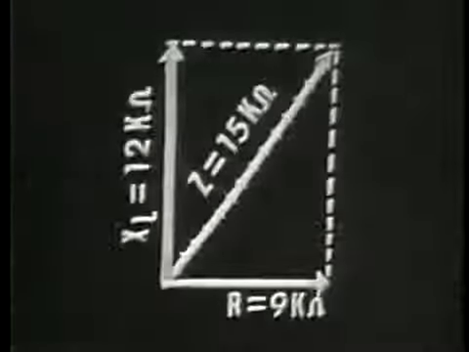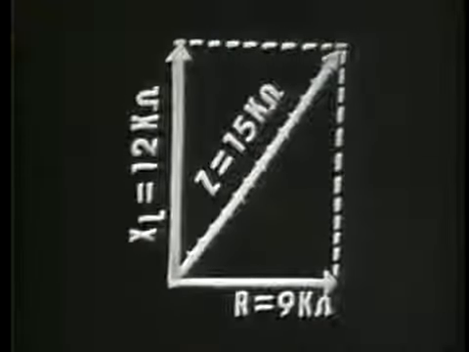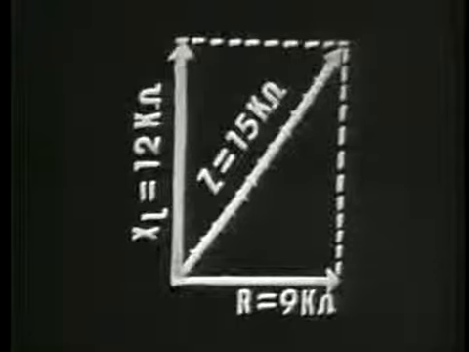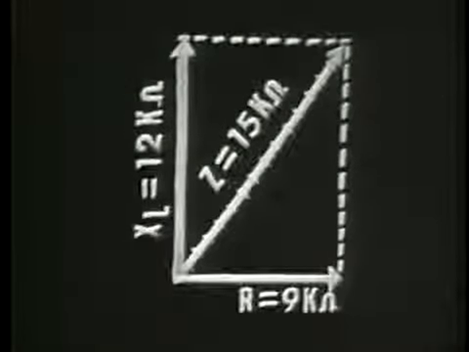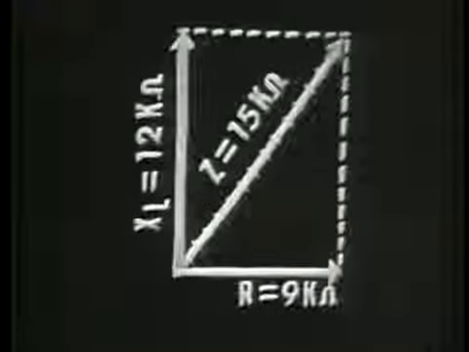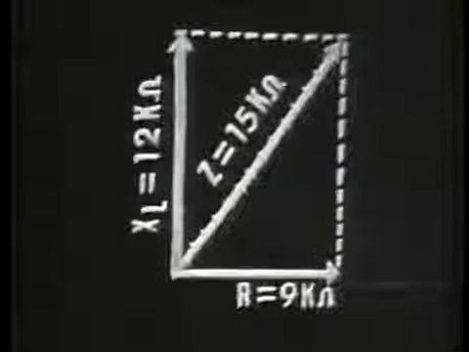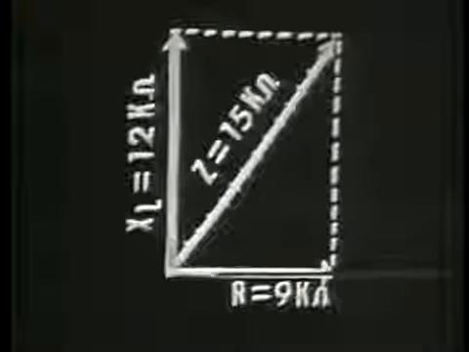For instance, if we wanted to find total impedance, we could picture the original vectors that we constructed: our resistance vector R, 9 k ohms, X sub L, 12 k ohms, and the resultant vector, 15 k ohms. You'll notice that the resultant vector Z actually divides our parallelogram into two right triangles.